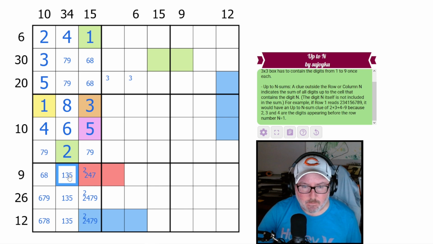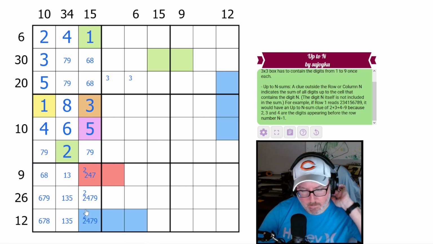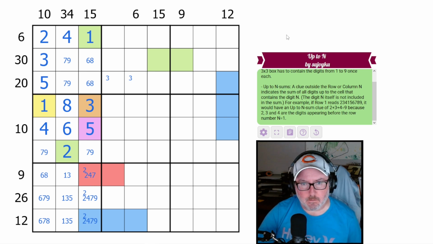I guess this can never be a 5, right? Because then how do we ever get to 9 if it was? That's something, I guess. It seems like it's picking and prodding here. We don't care about the 2 necessarily.